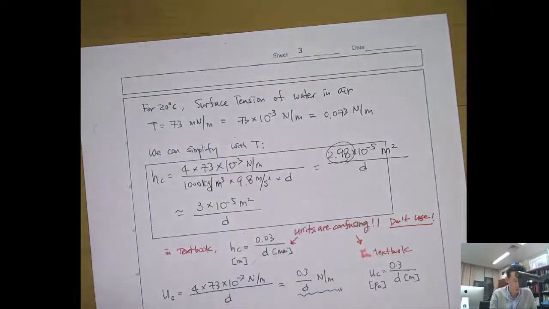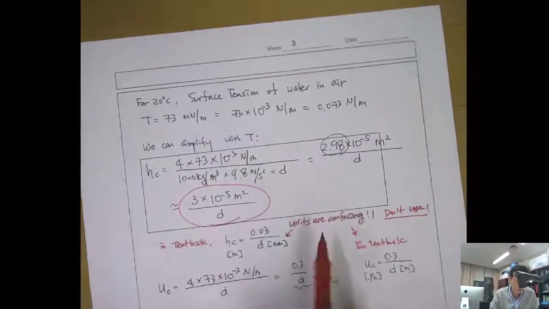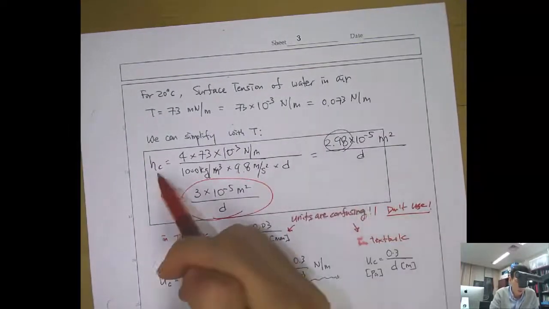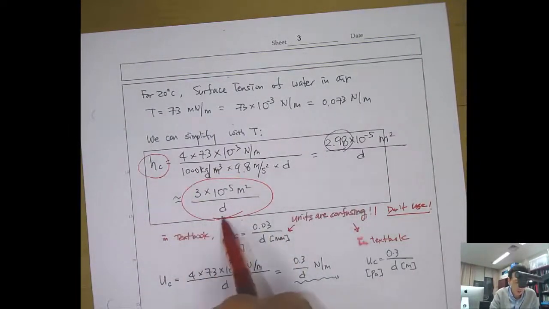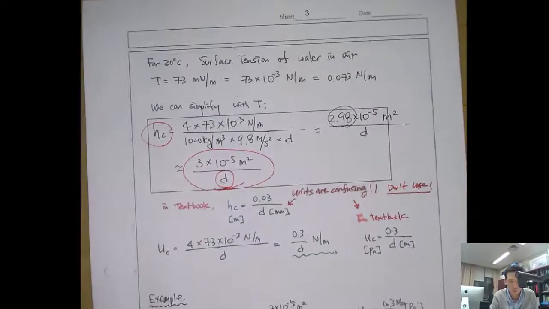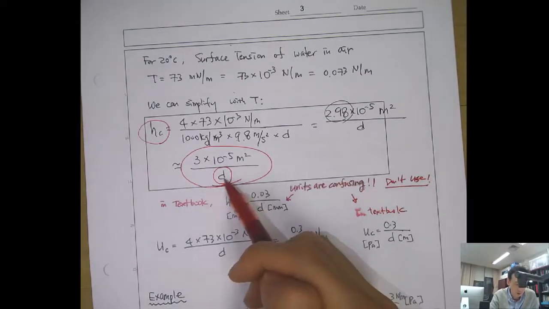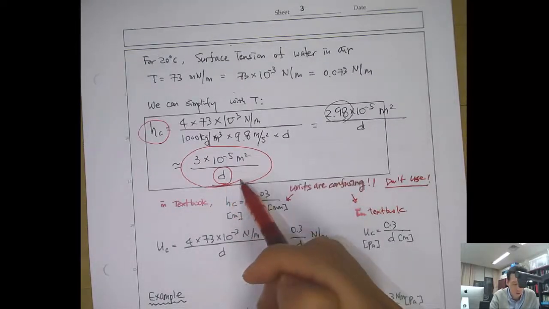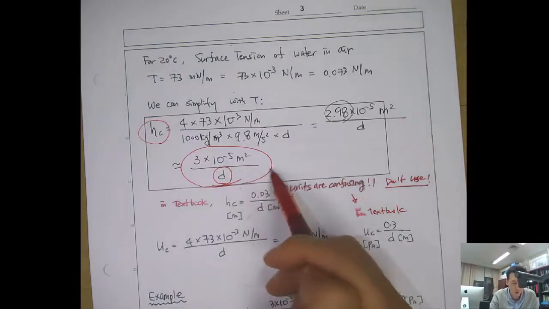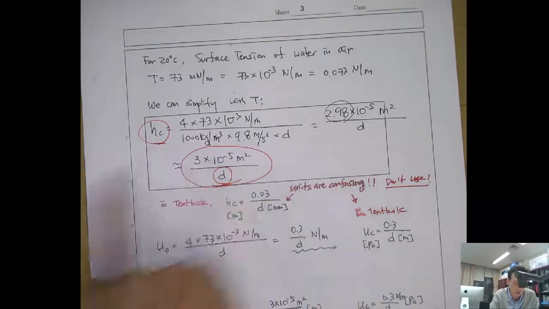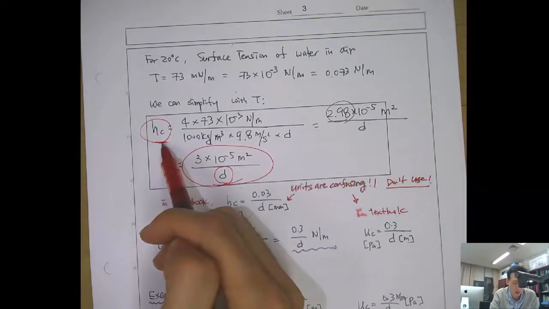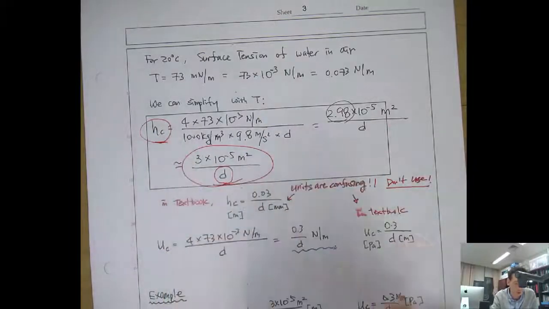So you don't have to use this equation, but this shows that the capillary rise is inversely proportional to the diameter of the capillary tube. If you use D in the length dimension, meter, then meter squared over meter becomes meter. So in the end, HC will be in the length dimension.